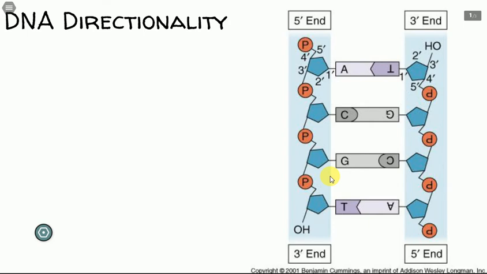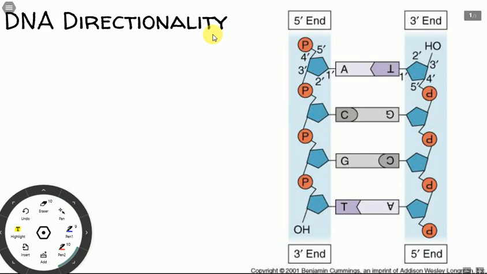I'm going to talk to you a little bit about DNA directionality today. It wasn't covered in the previous DNA video that you watched with Mr. Anderson. So, when we're talking about DNA, as you know, it's double-stranded.